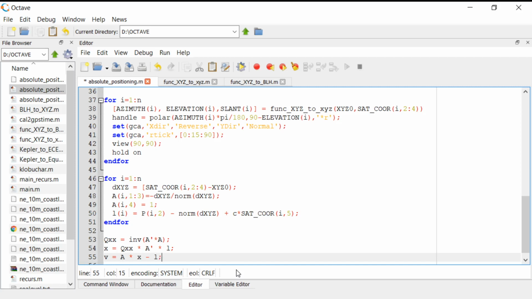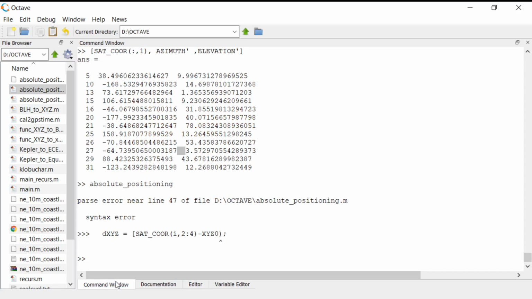Now we have the first value, so the first iteration. Let's run it and let's look at the v values and also the x value. So there's an error here.